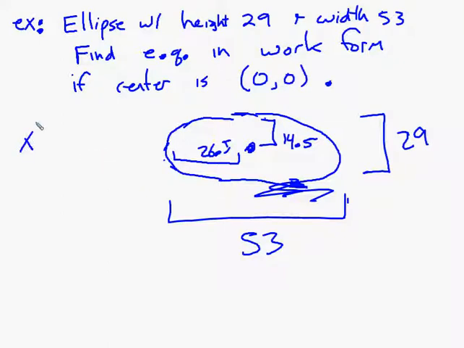So x squared over, see this is along x, so I don't even really need to think of it as a and b. I just need to think of it as what's along x and what's along y.